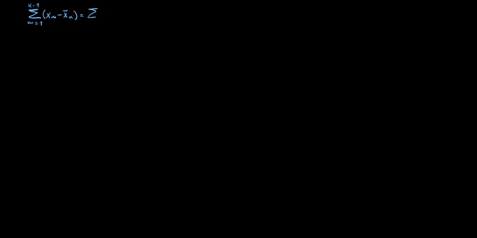This equals the sum of x sub m, where n goes from 1 to k minus 1, minus the sum of the current average over the same range. This is equal to the sum of x sub m, where n goes from 1 to k, minus the current measurement, minus the current average, times the sum of 1s, where n goes from 1 to k minus 1.